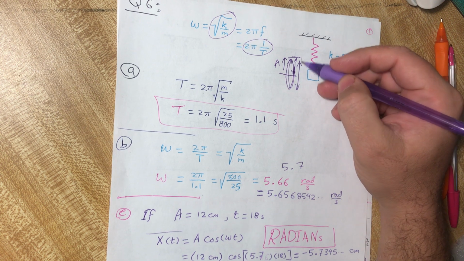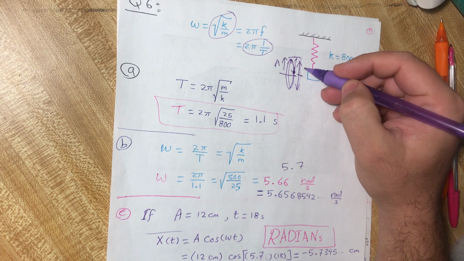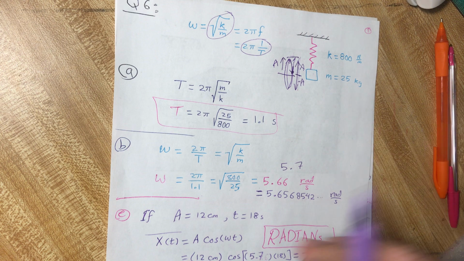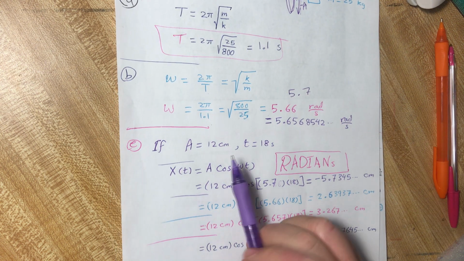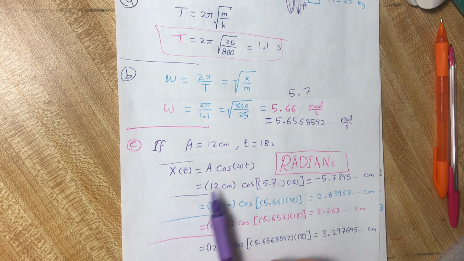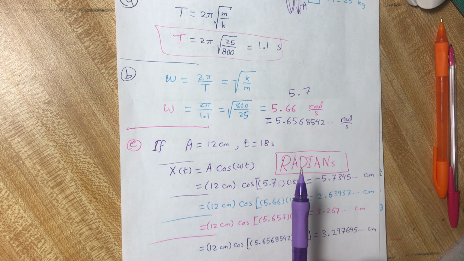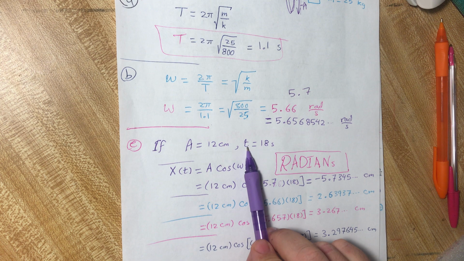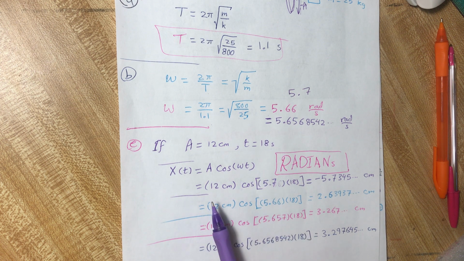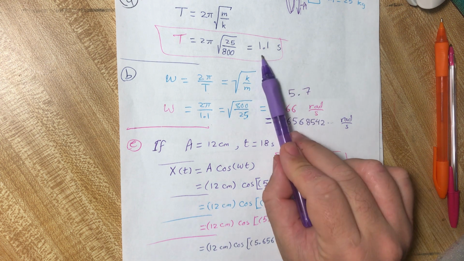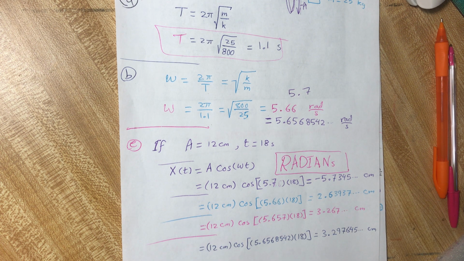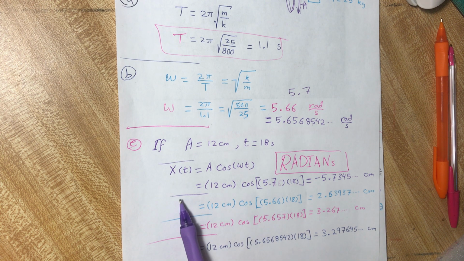It is not the total distance, it is half of it, which is A, and this is minus A. If A is 12 centimeters and we have a certain arbitrary time, 18 seconds, the period is 1.1, which is different from this time. We need to find x of t at that time.